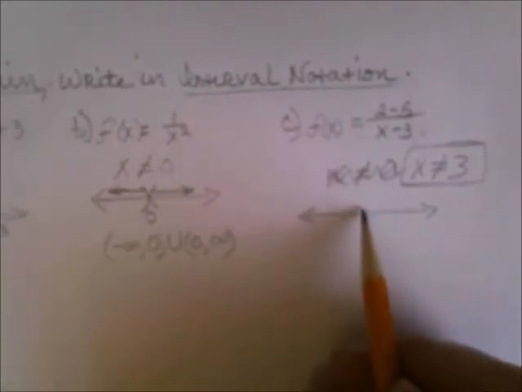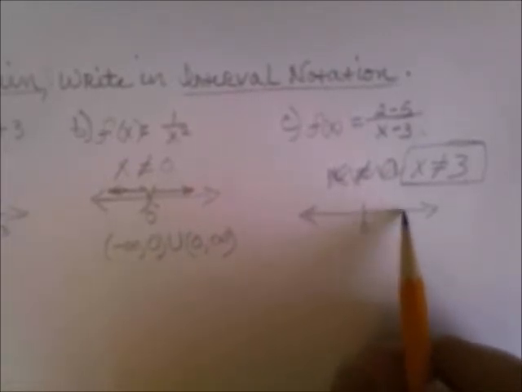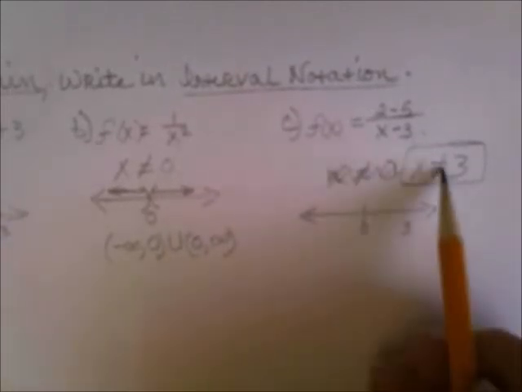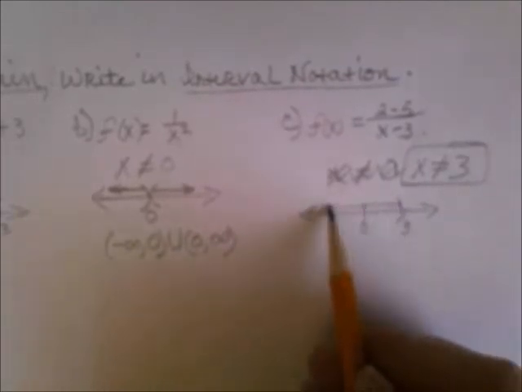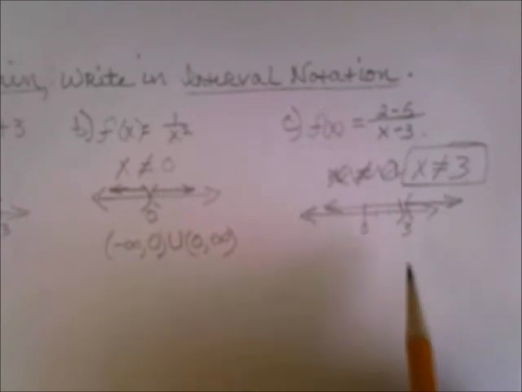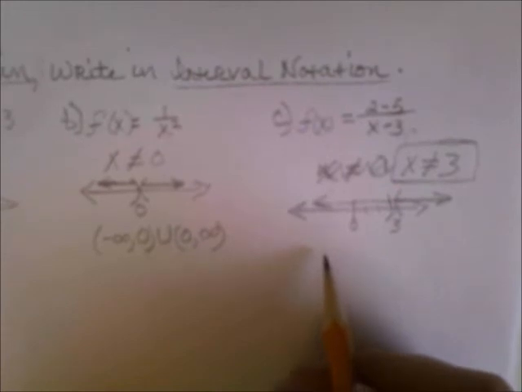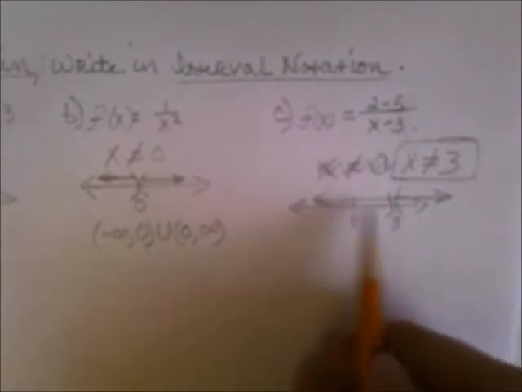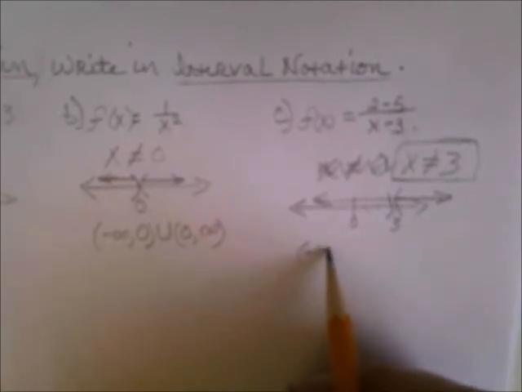Okay, so here we have our little number line, okay, 1, 2, 3, here's our 3. X cannot be equal to 3, so everything less than 3 it can be equal to. Everything greater than 3 it can be equal to. It just can't be equal to that 3. So when we write our interval notation, for this first part, the smallest thing it can be is negative infinity.